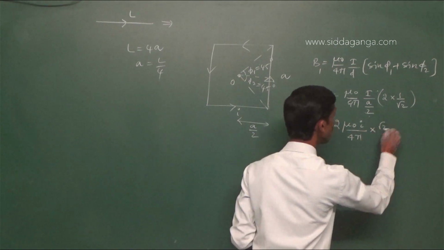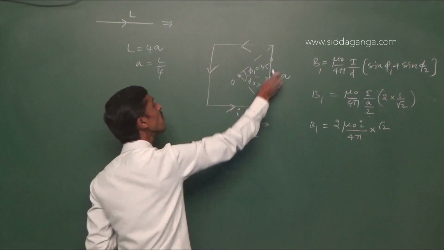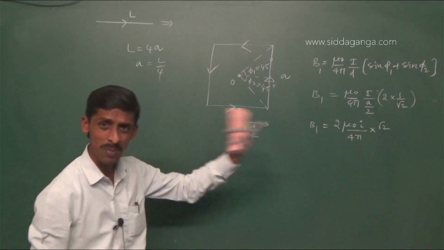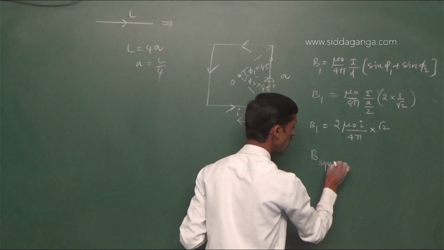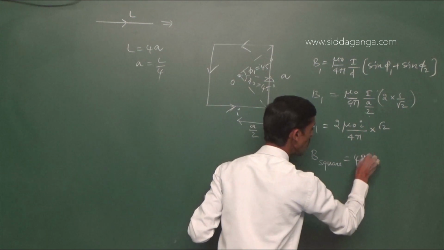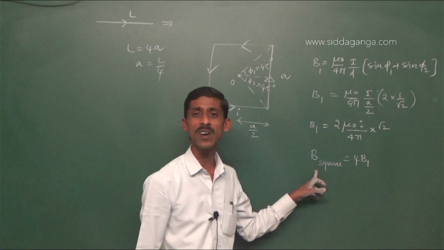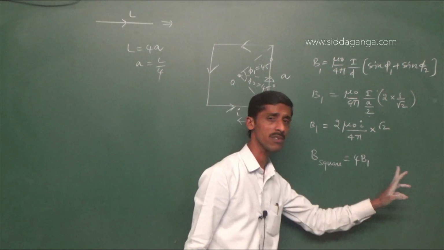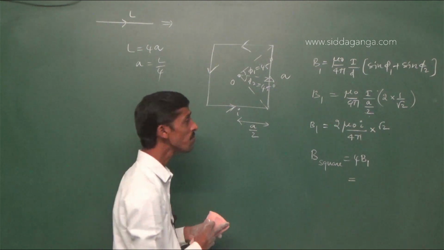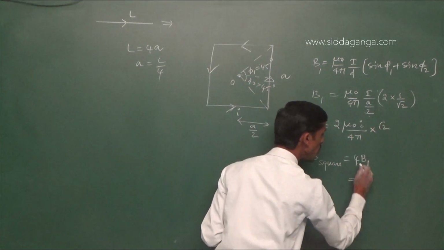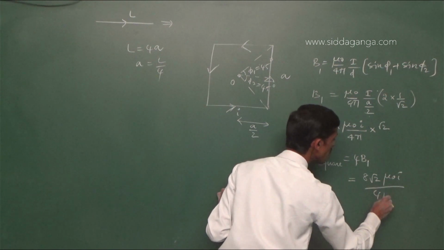So as the current is in the same direction, all four sides contribute the field in the same direction. The magnetic field due to one side is B1, so the magnetic field at the center of the square is 4 times that. So what is the magnetic field at the center of the square? 2 root 2 into 4, 8 root 2 mu naught I by 4 pi a.